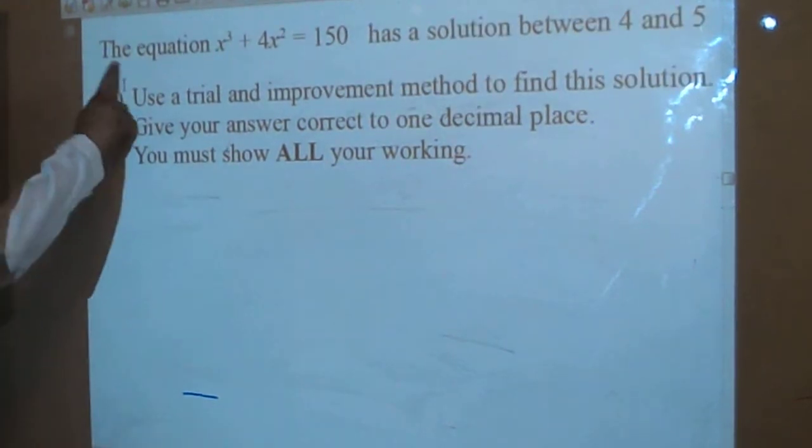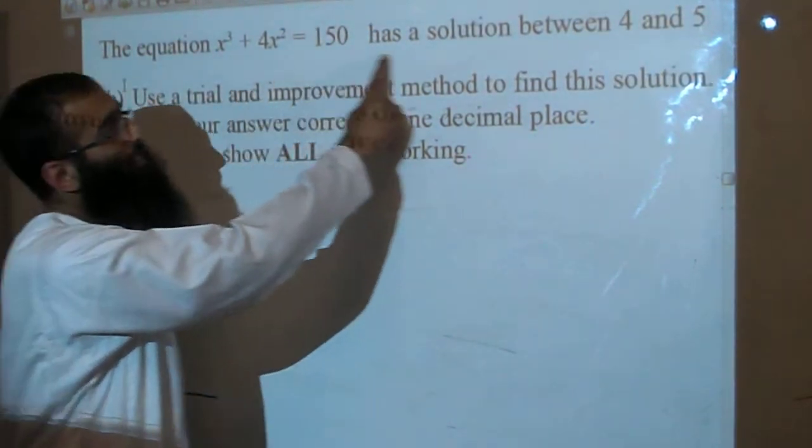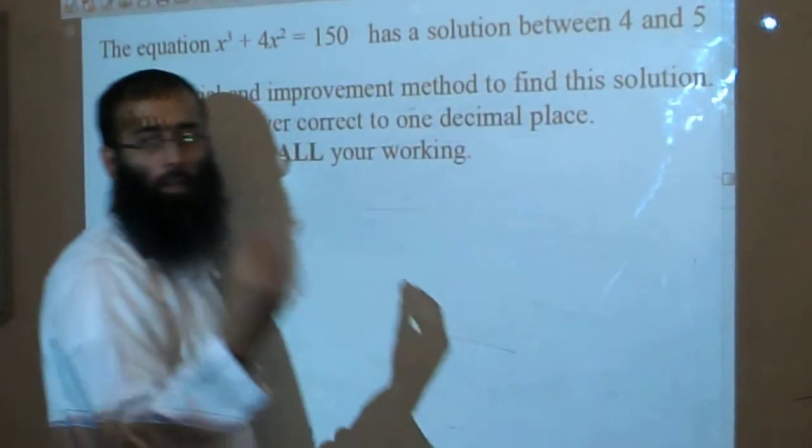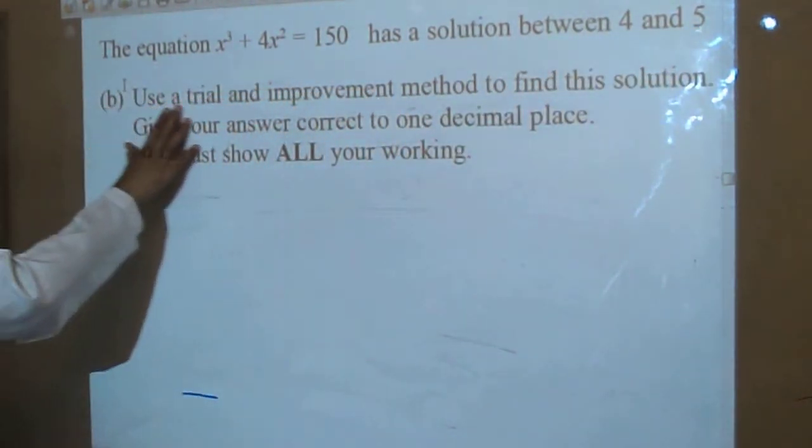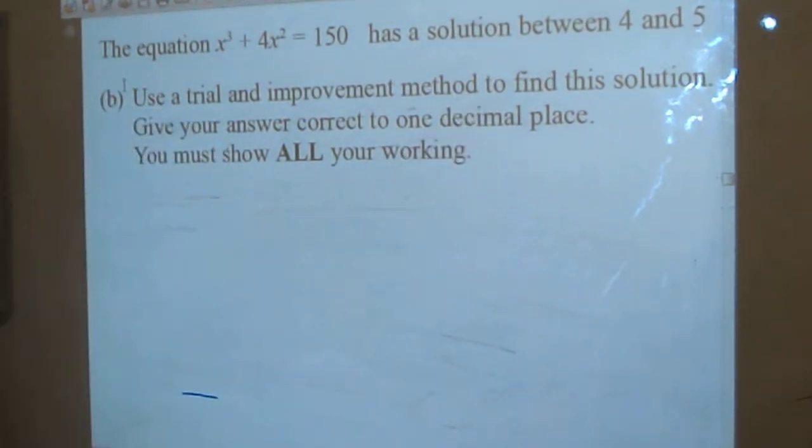Nice and big. The equation, the one we've just done, has a solution between 4 and 5. Key part of the question. Use the trial and improvement method to find this solution.